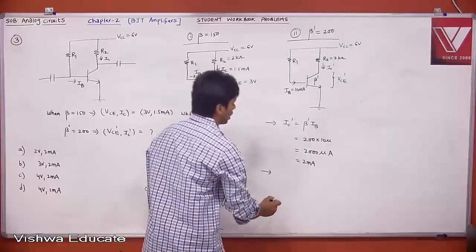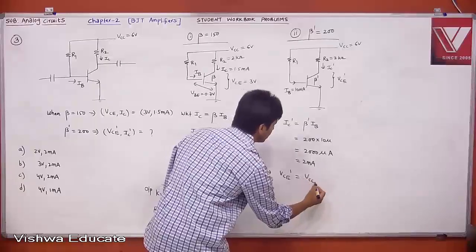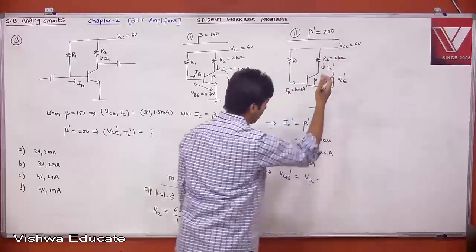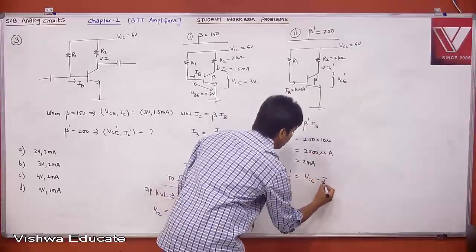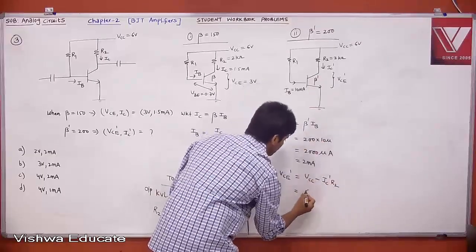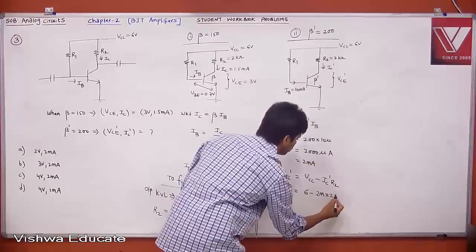Now to find VCE dash. From output KVL, VCC minus the drop across R2 is VCE dash. VCE dash is VCC minus new IC dash into R2. VCC is 6 minus IC dash 2 milliampere into 2K.